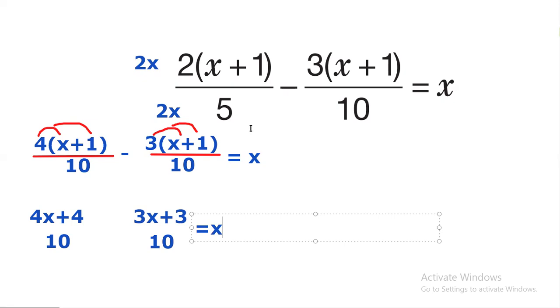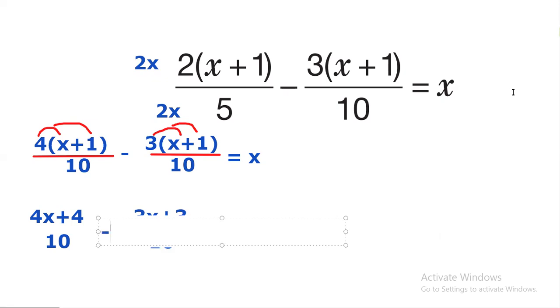Okay, so here, let's put the minus sign between them. Focus on this minus sign, because this minus sign means the whole fraction is negative. And when we say the whole fraction, it means we're talking about the numerators. We don't have to change the denominators. Now, look at this. Here we have the same denominators. We expanded.